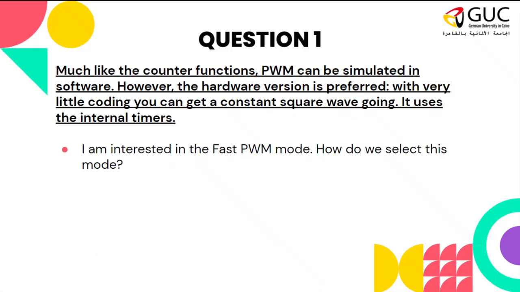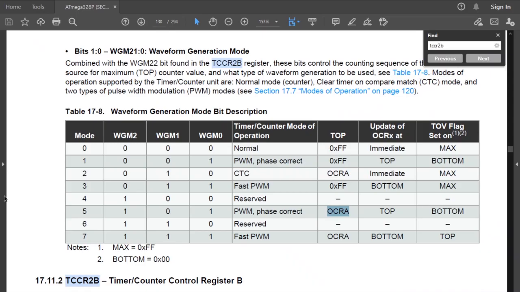Next question. I'm interested in the fast PWM mode. How do we select this mode? We will go back to the datasheet and get back to the table. We have to choose the combinations of WGM2, WGM1, and WGM0. These bits are in TCCR A, and this is in TCCR B, or timer counter control register.